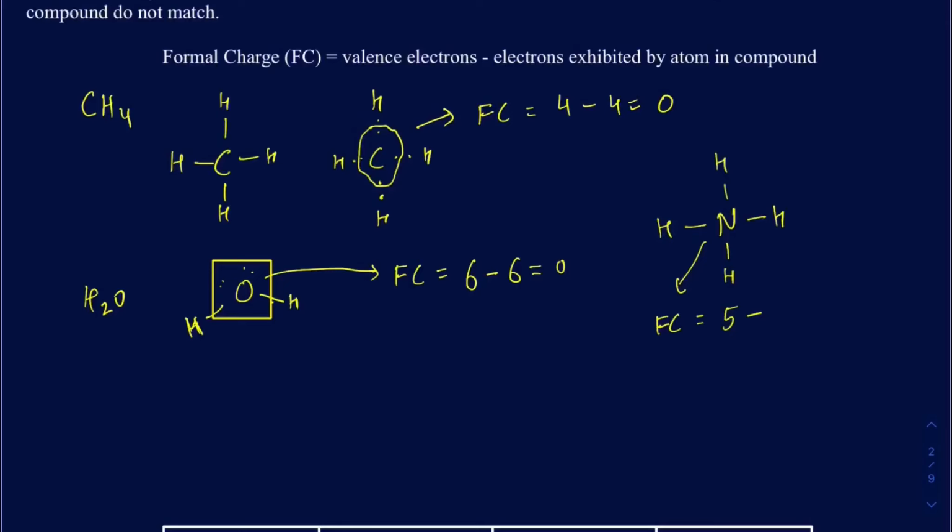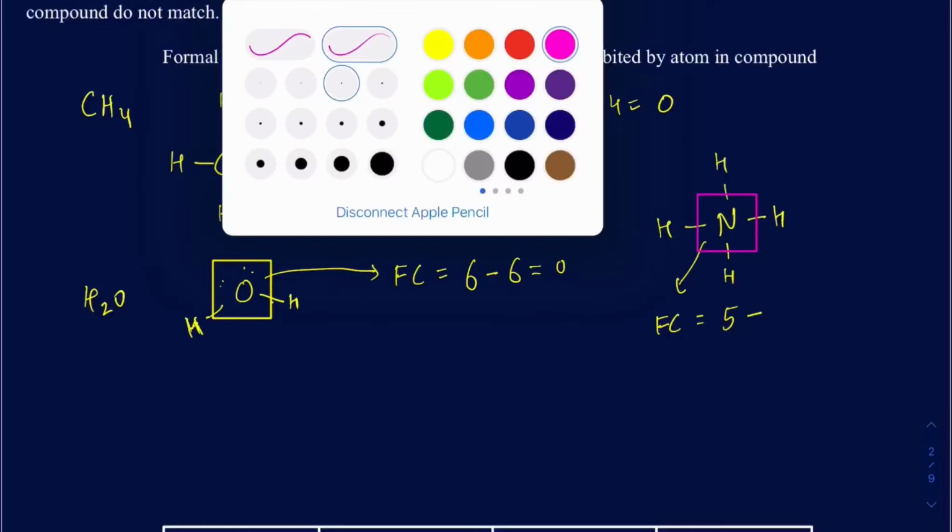Now, how many electrons does this nitrogen have when it makes the compound? I can draw this little box here, which literally means you have 1 electron from each bond belonging to the nitrogen and the other electron from each bond belonging to the hydrogen. In this case, you can clearly see there are only 4 electrons on the nitrogen, so it's 5 minus 4.